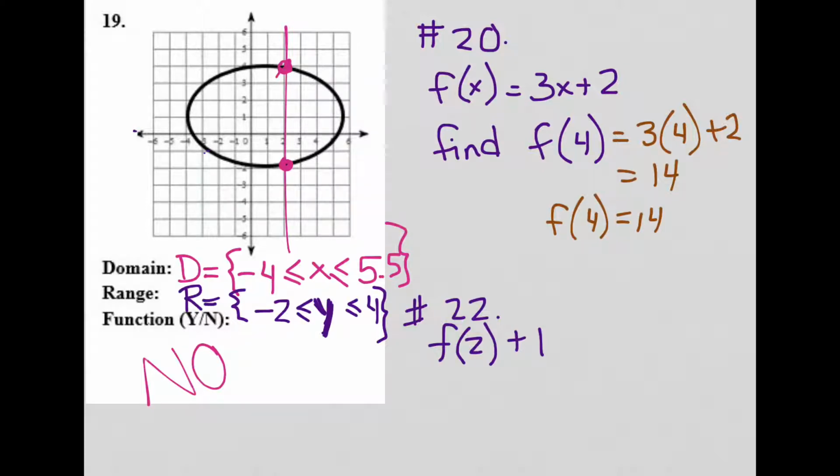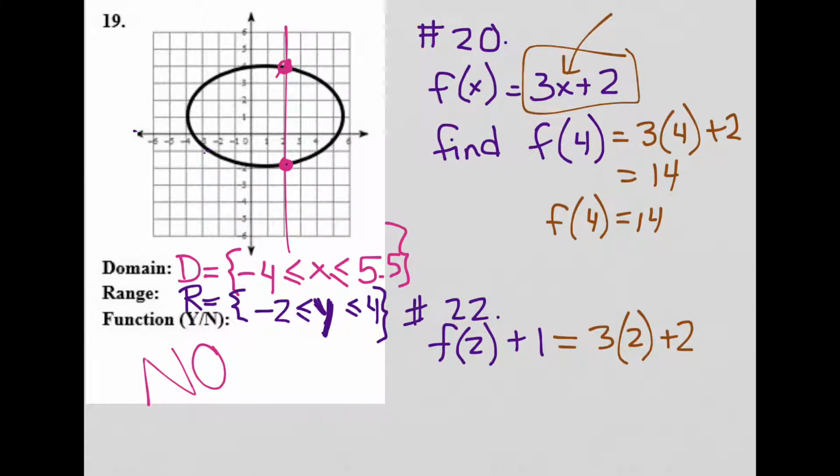So then on number 22, I think you could figure out 21, but on number 22, now it's asking you to take the function f and evaluate it when the variable is 2, and then, when you're done, add 1. Okay, gotcha. Take the function f and replace my variable with 2. And so that is the function f where my variable has been replaced with a 2. 3 times 2 plus 2. Remember, here's my function.